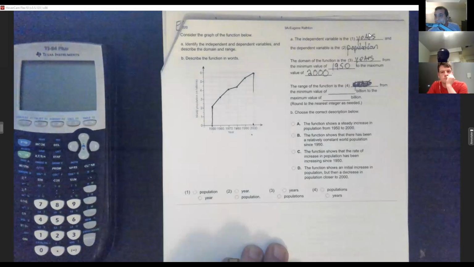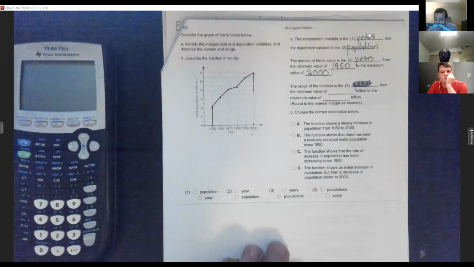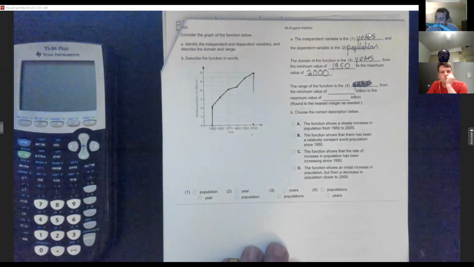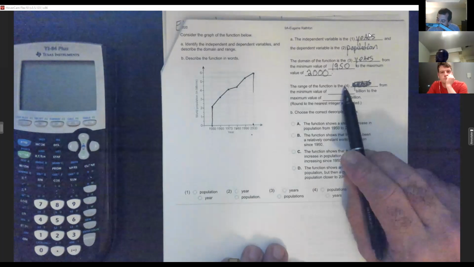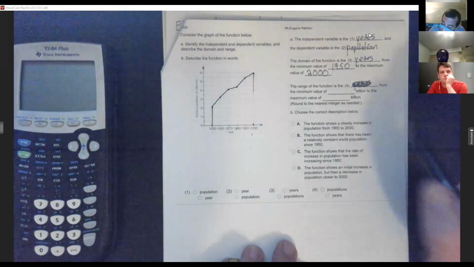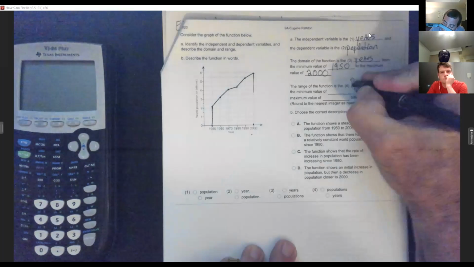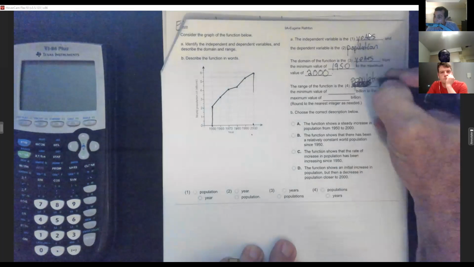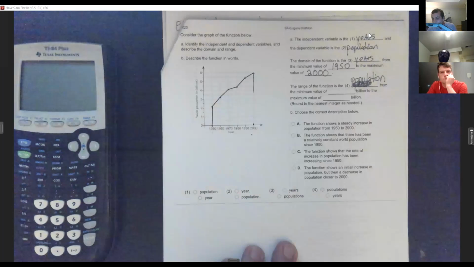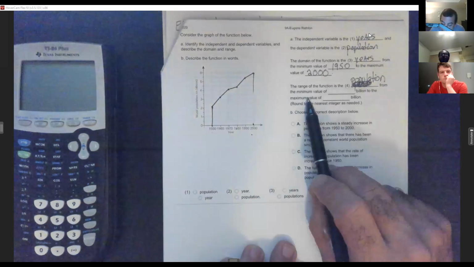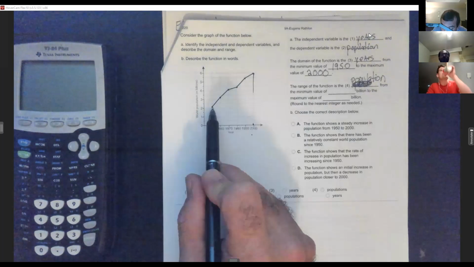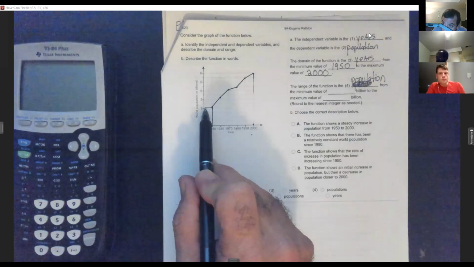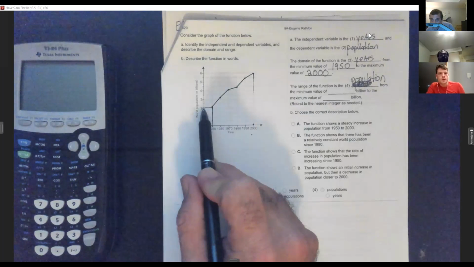All right, so on this one, the range we said is the same as the dependent variable. So the range needs to be population, because that's my y-axis. My population, which is my range, has a minimum value of, so we need to go from that first dot and see what that is on the y-axis.